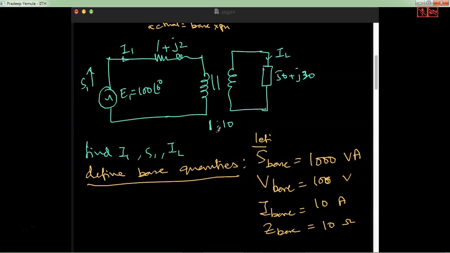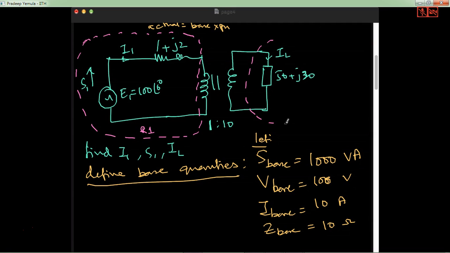Now the problem is, wherever there is a transformer, the regions have to be defined. This is the most confusing part for power systems. So this is a transformer. I define this region as region 1. This is the other side of the transformer, I'll define this as region 2.